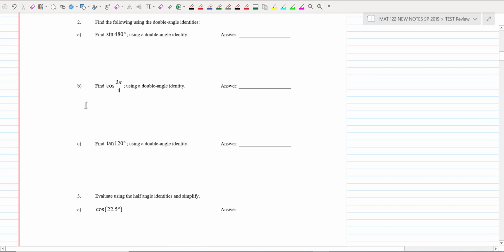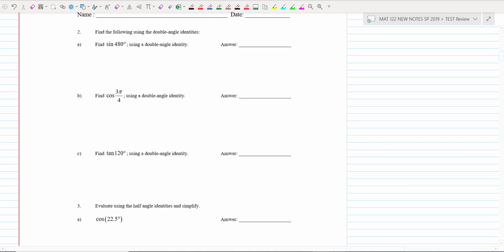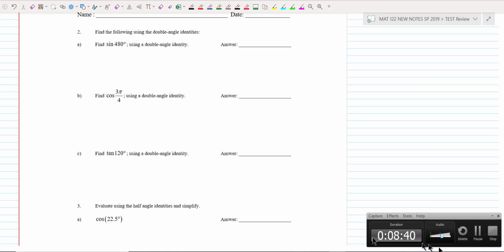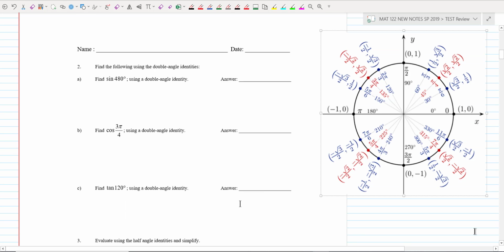Let's go to the next thing here. I pulled up a unit circle. You're going to use double angle identities to find these. Now, you're not just going directly to the unit circle. You could do that to check your answer, but this is an exercise wanting you to use double angle identities.